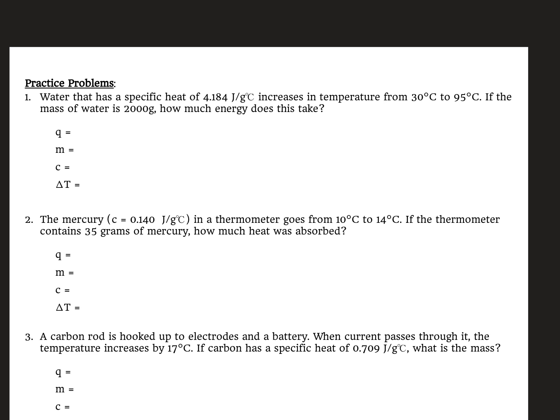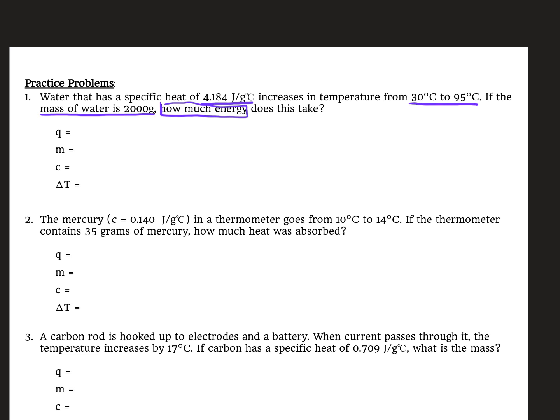So I will underline 4.184 joules per gram degree C. I will underline 30 degrees Celsius to 95 degrees Celsius. And I will underline the mass of water is 2,000 grams. Then it says, how much energy? So what I like to do is put the letter for each thing above what is listed.